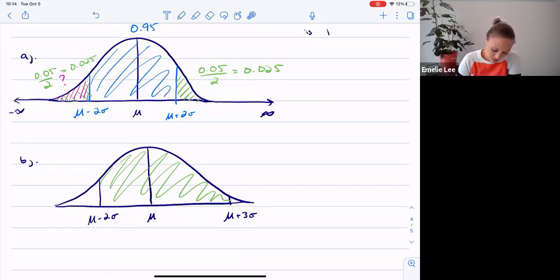I would probably find the area in both of these tails that I don't want and subtract them from 1, right? And then I'm left with the area that I want. Instead, I want to show you another method, and that is saying, okay, well, I know the mean splits the area in half, right? So the area from mu must be 0.5, okay?